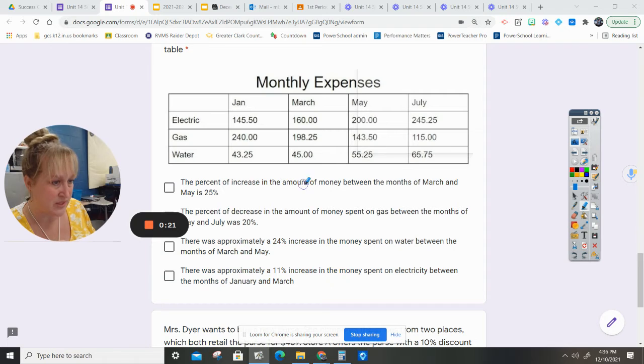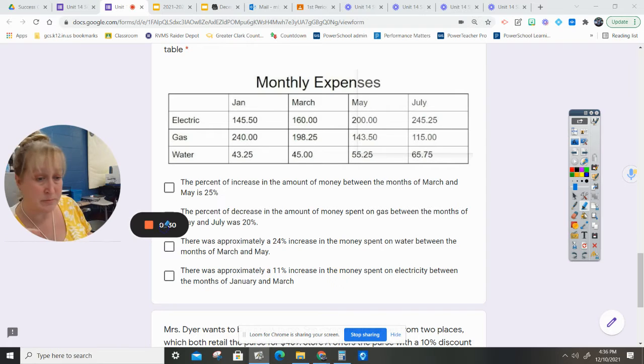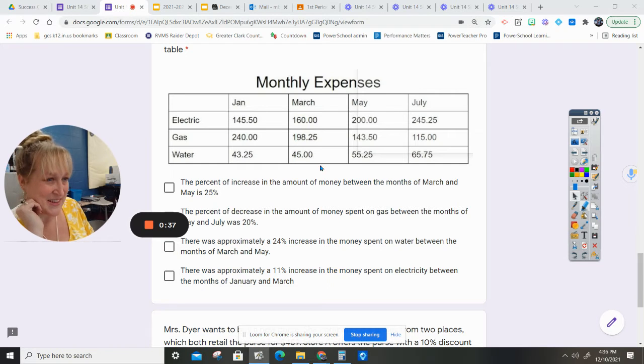The percent of increase in the amount of money between the months of March and May. Amount of money what? Okay, that's going to say electricity, but it doesn't say electricity on this one, but it will on yours. So I'm going to go ahead and highlight that. March, which is here, and May, which is here.